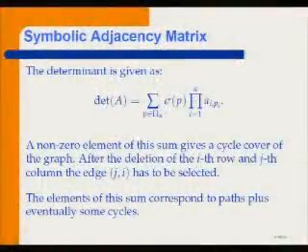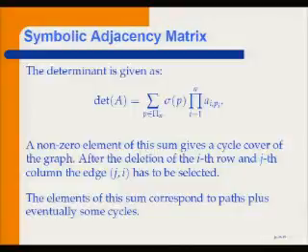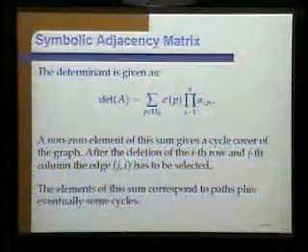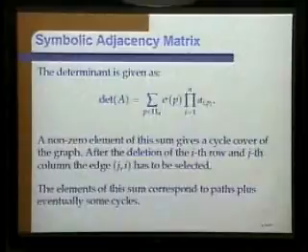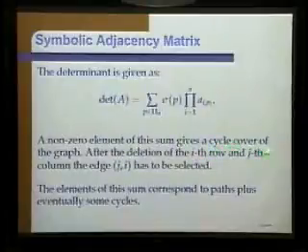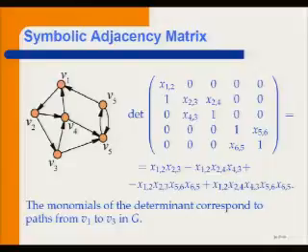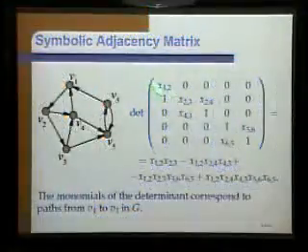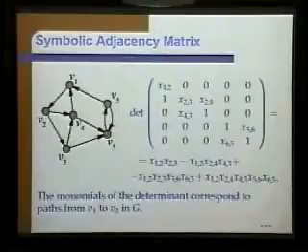And why is it so? Again, we just look at the equation for the determinant and see what's going on. Every element of the sum gives a cycle cover of the graph. For each element, we have to choose one outgoing edge, and for each vertex, we have chosen one incoming edge.